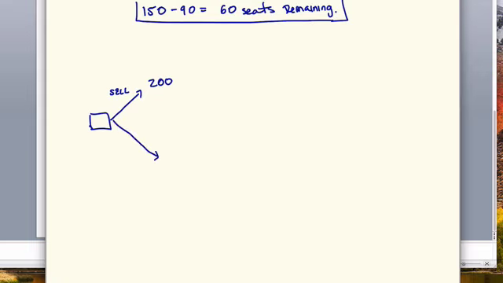I'm going to reserve this seat, and I'm going to think about what would happen in the future. If I'm lucky in the future, I'll be able to fill this seat with a high willingness to pay customer, in which case I'll get $300. And if I'm unlucky, I won't be able to fill the seat and I'll get $0.